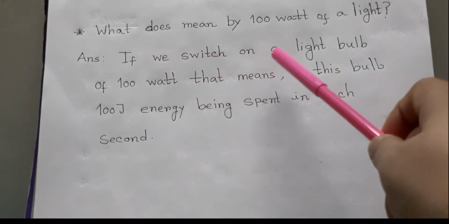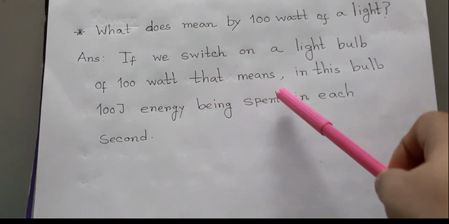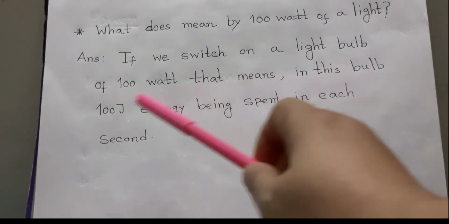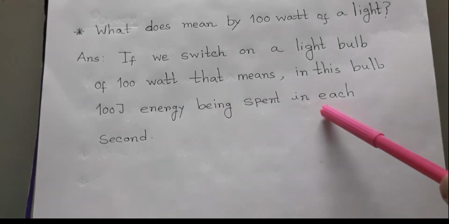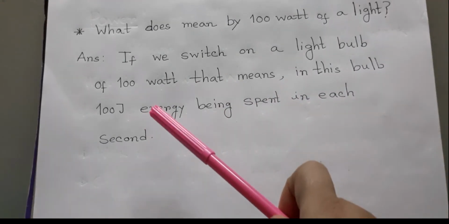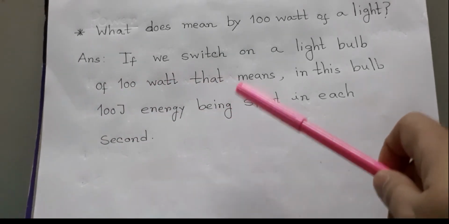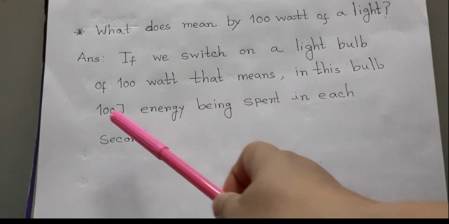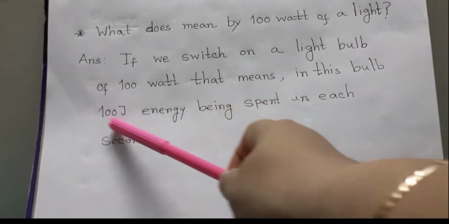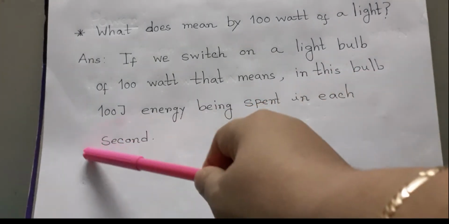If we switch on a light bulb of 100 watt power, that means in this bulb 100 joule energy is being spent in each second. This is the amount of energy and this is the time.